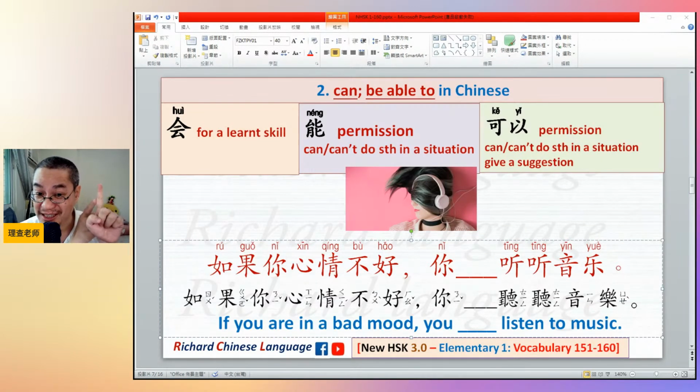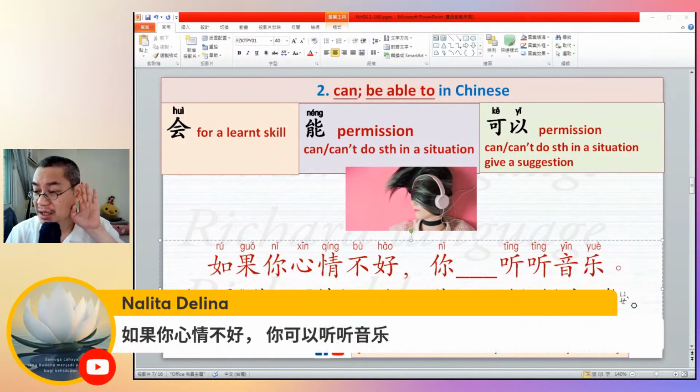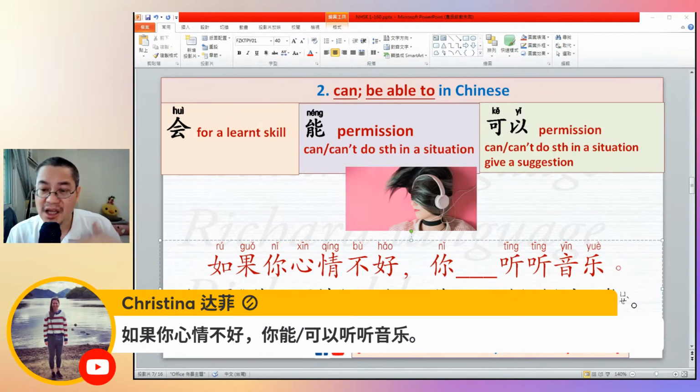So tell me what's the one answer. 如果你心情不好，你可以听听音乐。Perfect. 如果你心情不好，你能? Think about it.